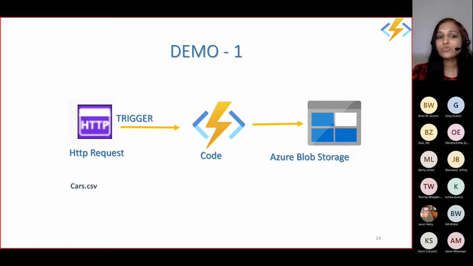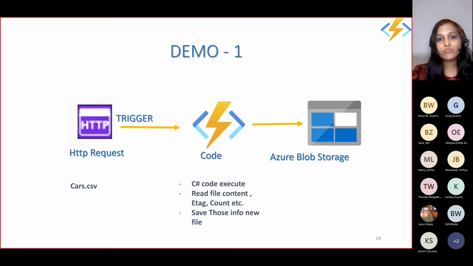In my blob storage, I have a cars.csv file. You can have a list of files, like 5 files, and your files have counts as well. In my file, I have only 2 records at the moment, but it can be more than 1 record, and you can have more than 1 file as well.